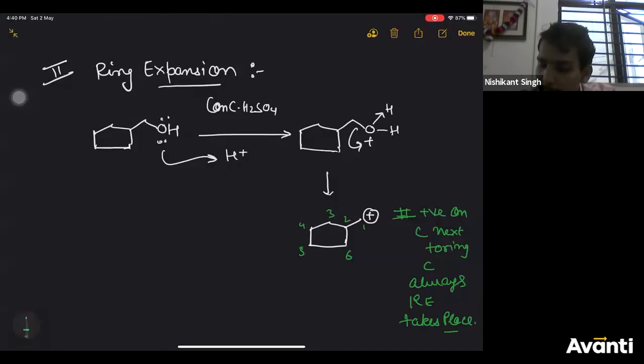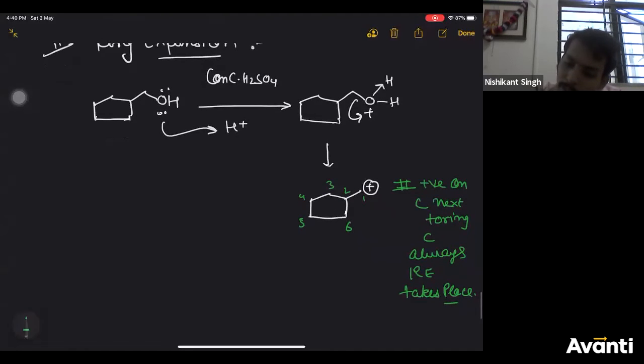Remember this. So this is a ring carbon, next to the ring carbon is this carbon, it is having positive charge, so ring expansion will take place.